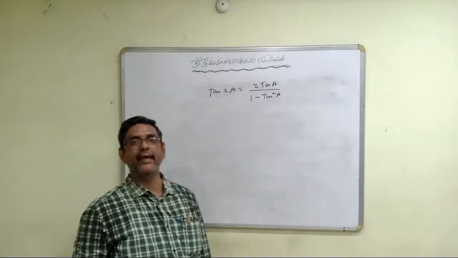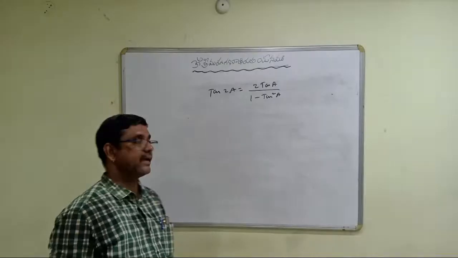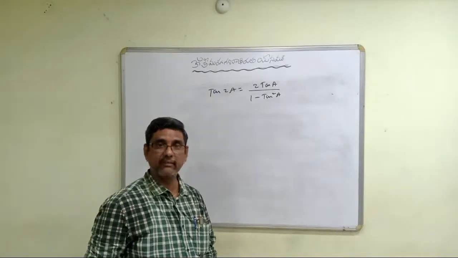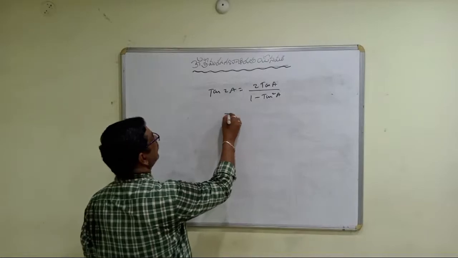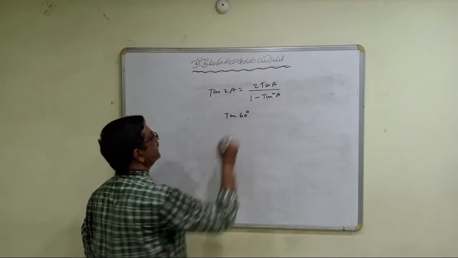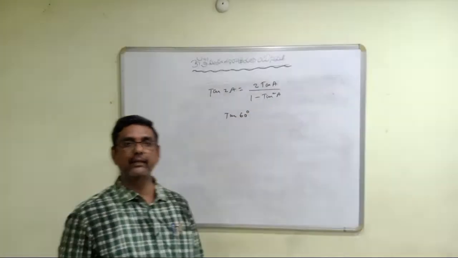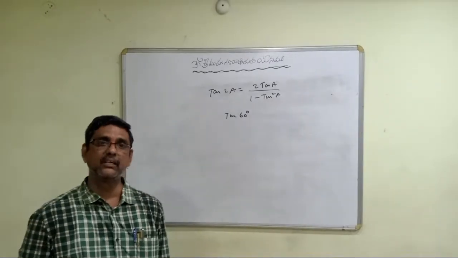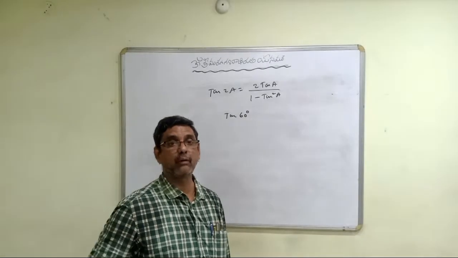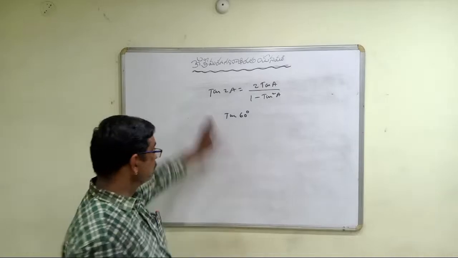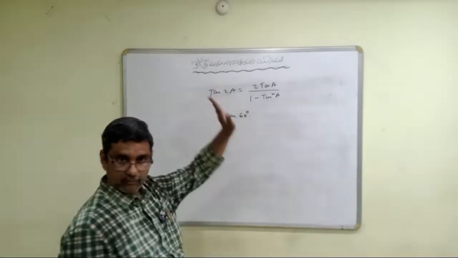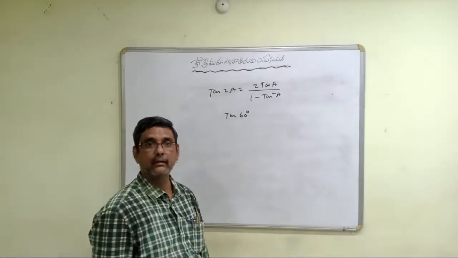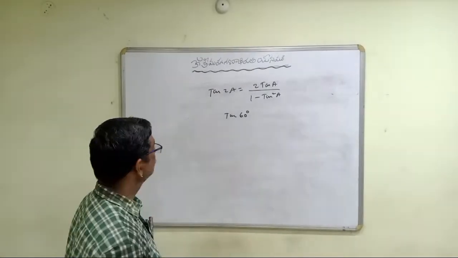Using this formula, find the value of tan 60 degrees. By using this formula, we need to find out this value. How to do this?